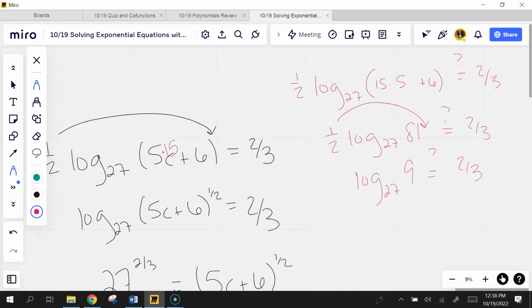Y'all are doing so much better. Is 27 to the 2/3 power equal to 9? Yes.